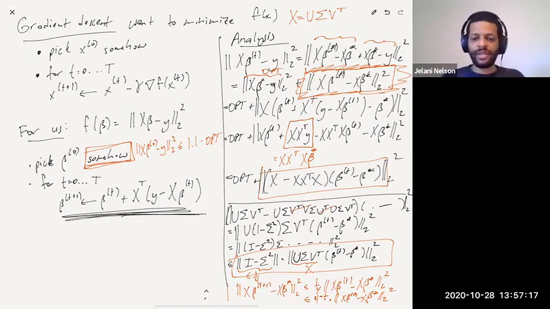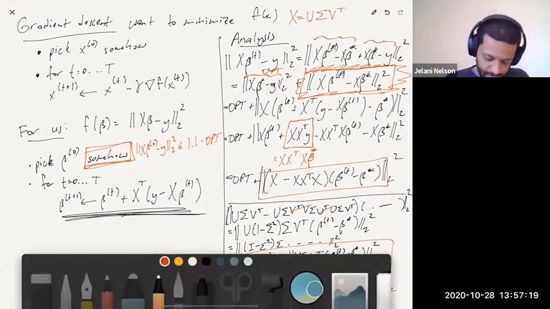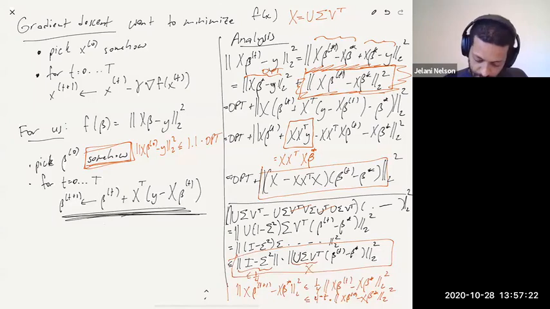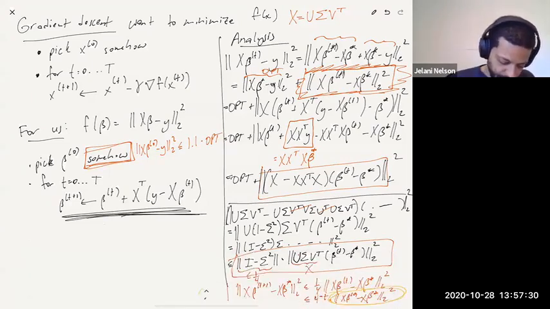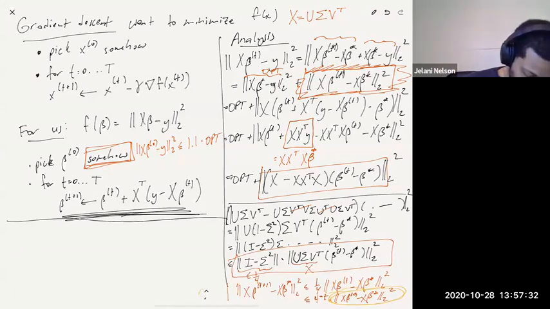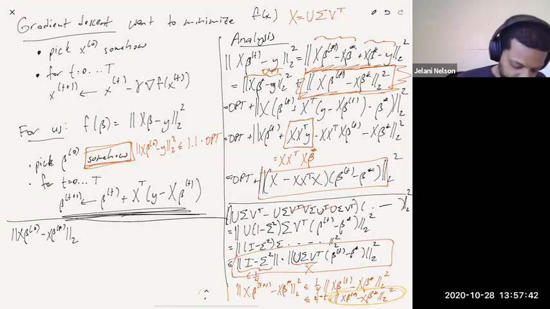And then now you could bound this thing down here, in the bottom right, that I'm circling in orange. Now you have that ||x beta 0 - x beta*||_2. Well, now you can just use the triangle inequality. This is at most ||x beta 0 - y|| plus ||x beta* - y||.